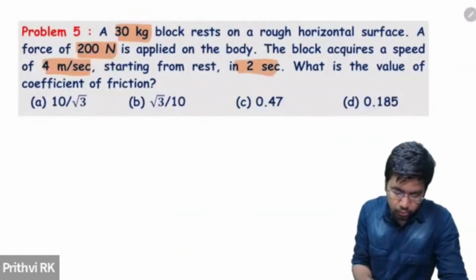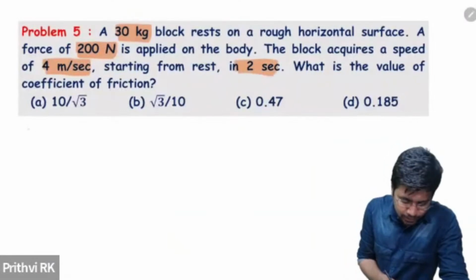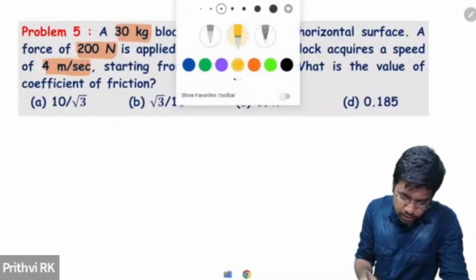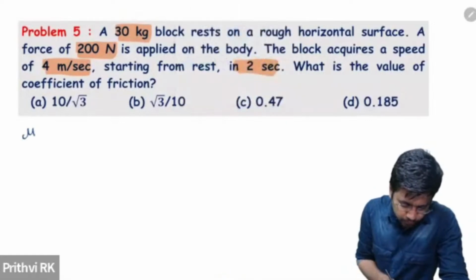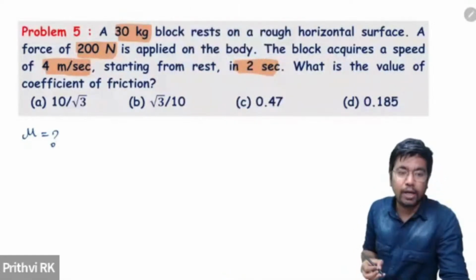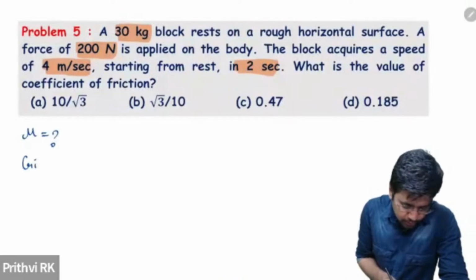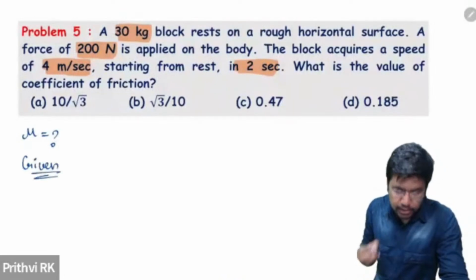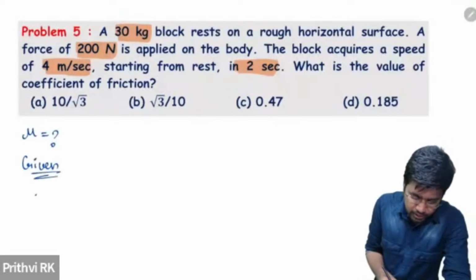They are asking us to find the coefficient of friction, which is mu. Let's see the values they have given us. First, the mass is 30 kg.